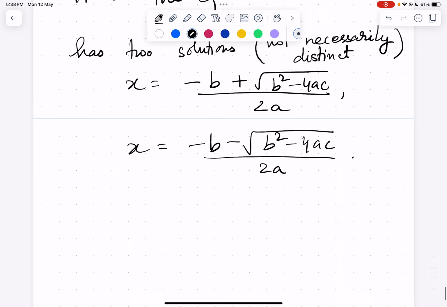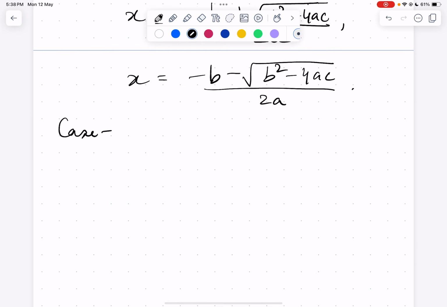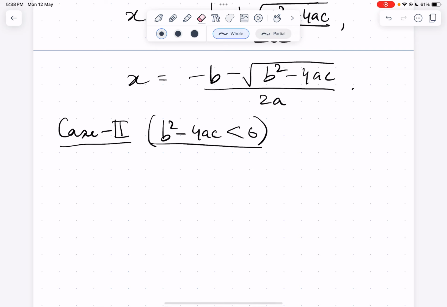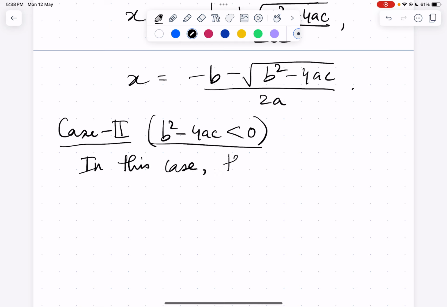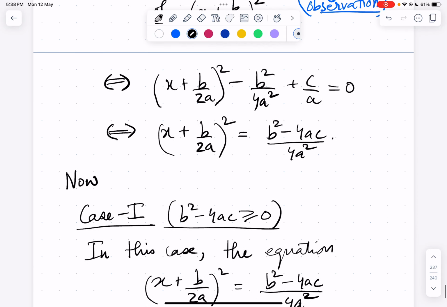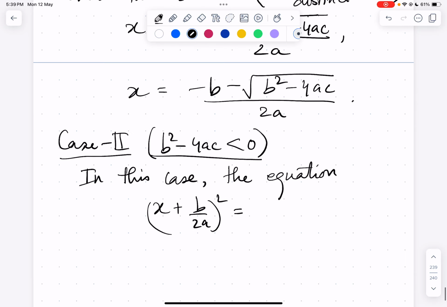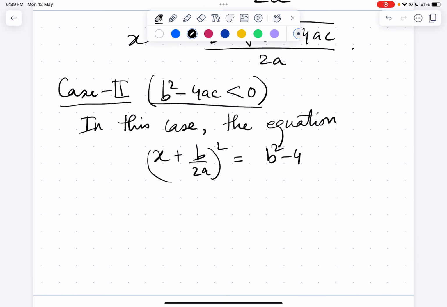So now we can consider the other case. What is the other case? The other case is b square minus 4ac is negative. So this is a simple case. In this case, the simplified equation is x plus b by 2a whole square equals b square minus 4ac by 4a square.